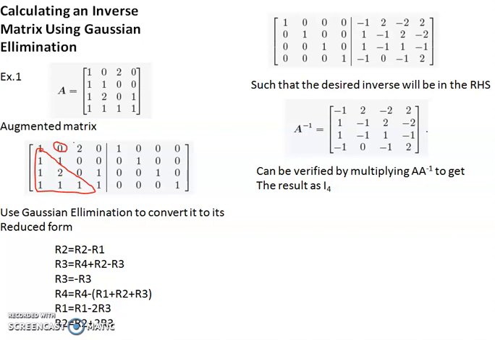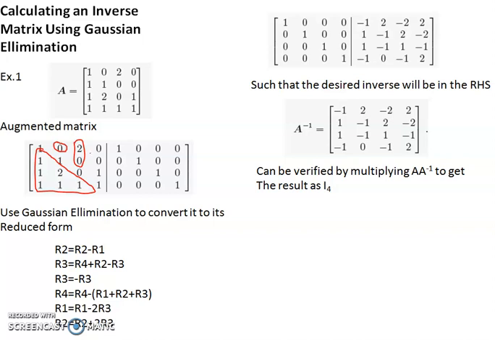What is the meaning of reduced row echelon form? In that case, if any pivot element is there in the diagonal part, then that column will have only one non-zero value. The rest of the values will be equal to 0, and that non-zero value will be equal to 1.